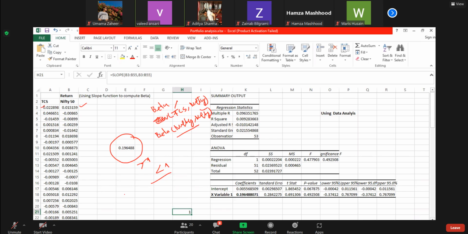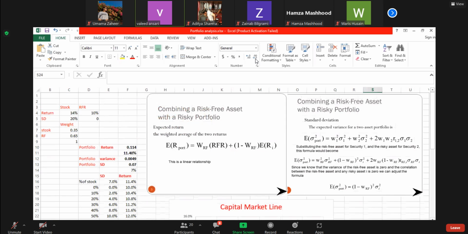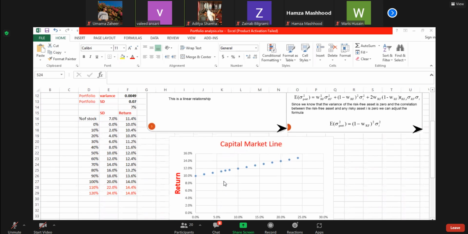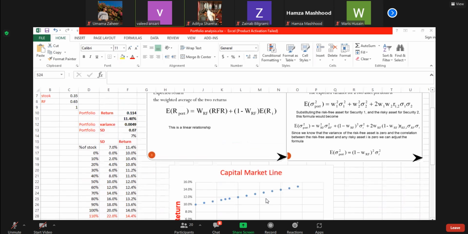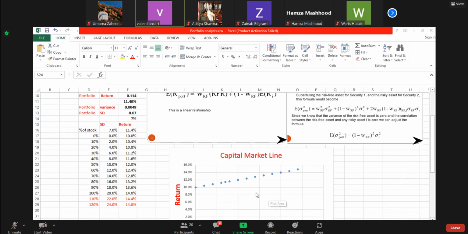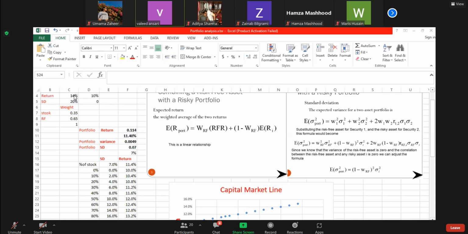Now, when I have opened this, let me show you some other thing. You see that in the last lecture, I had tried to calculate the efficient frontier. The same thing I have done for the capital market line also. So returns I have calculated here, weightages I have given, like the efficient frontier.